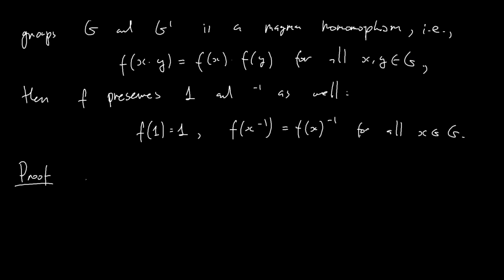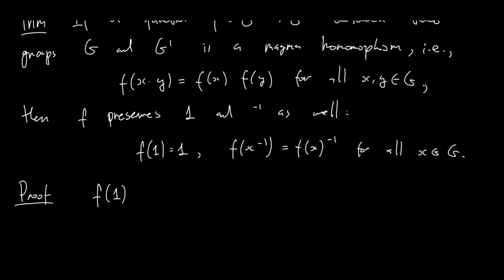Maybe I will need some help here. Okay, so let's first prove this one. We want to get f of 1 to equal 1, right? How can we get that to happen?